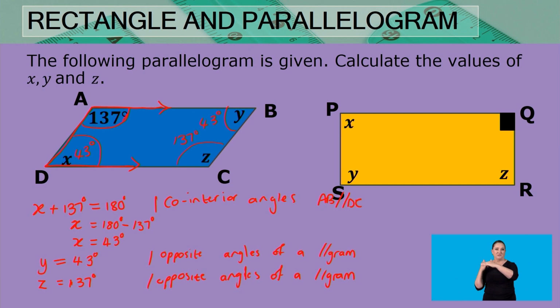So we are told that it is a parallelogram, and we are given one of the angles as 90 degrees. This would simply mean that x is equal to 90 degrees, y is equal to 90 degrees, and of course z is also equal to 90 degrees, simply because we know that this is a rectangle.